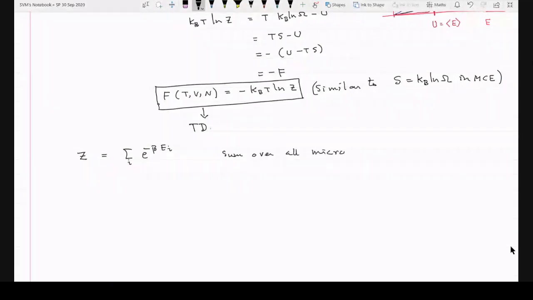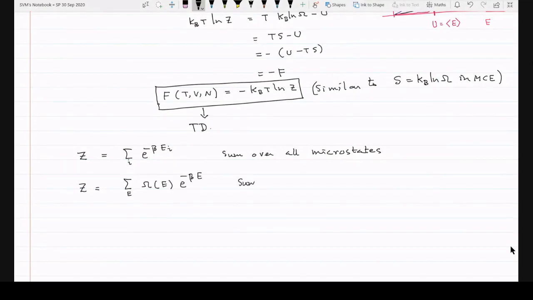Or you can write down Z is equal to sum over distinct energies of omega of E into e to the minus beta E. Here the sum is over distinct energies.